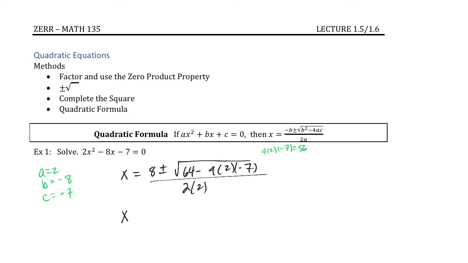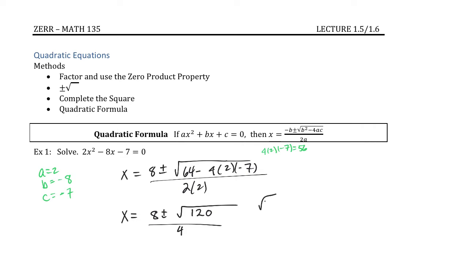Okay, so then x is equal to 8 plus or minus the square root of 64, and then that'll end up being plus 56, because 4 times 2 is 8, 8 times 7 is 56. So 64 plus 56, that's 120, and that'd be all over 4.